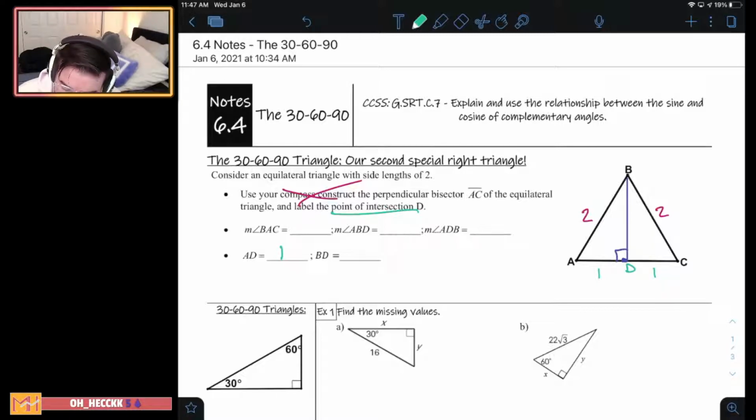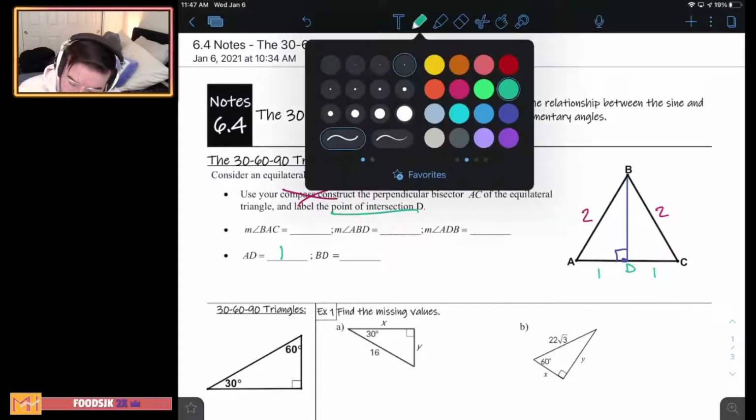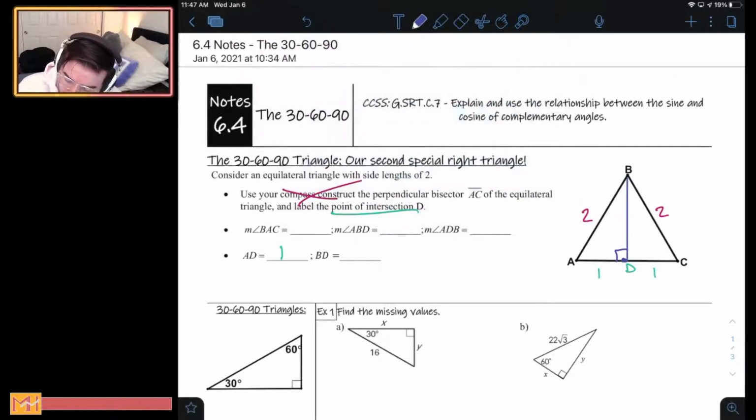If this is an equilateral triangle, because it's 2, 2, 2, in an equilateral triangle, all three angles are 60. So this right here is 60 degrees. So B to A to C is 60 degrees.